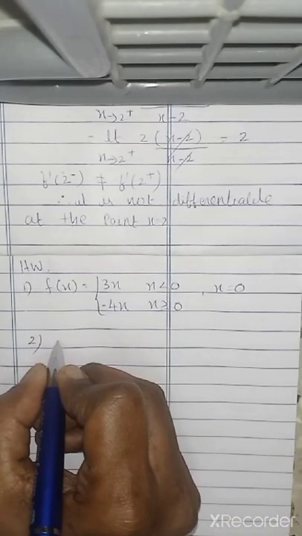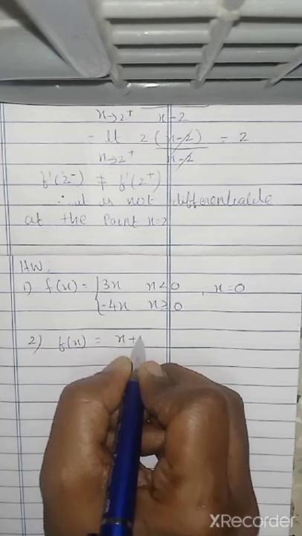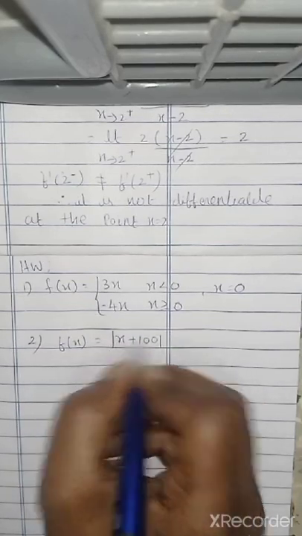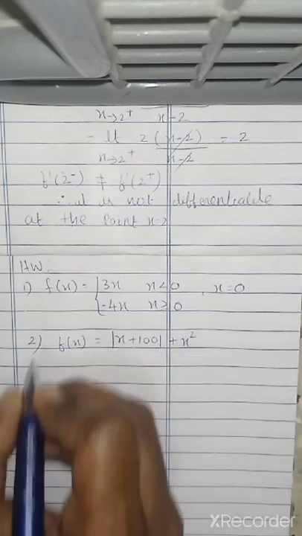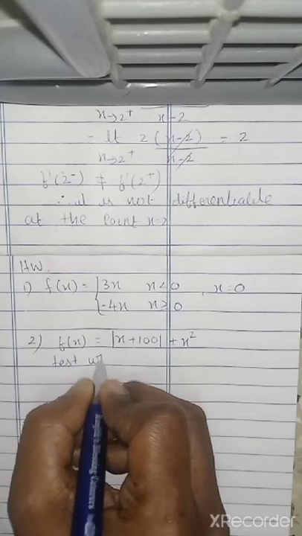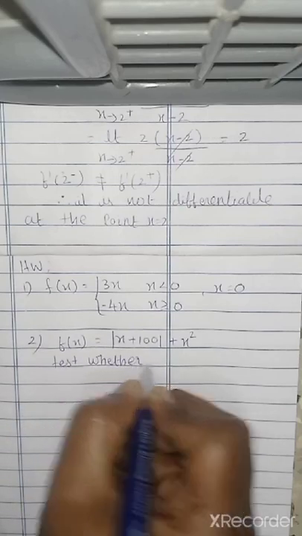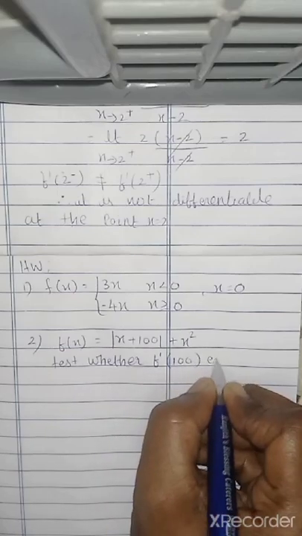Second problem, f of x equal to x plus 100 mod x plus 100 plus x square. We want to test whether f dash of 100 exists.